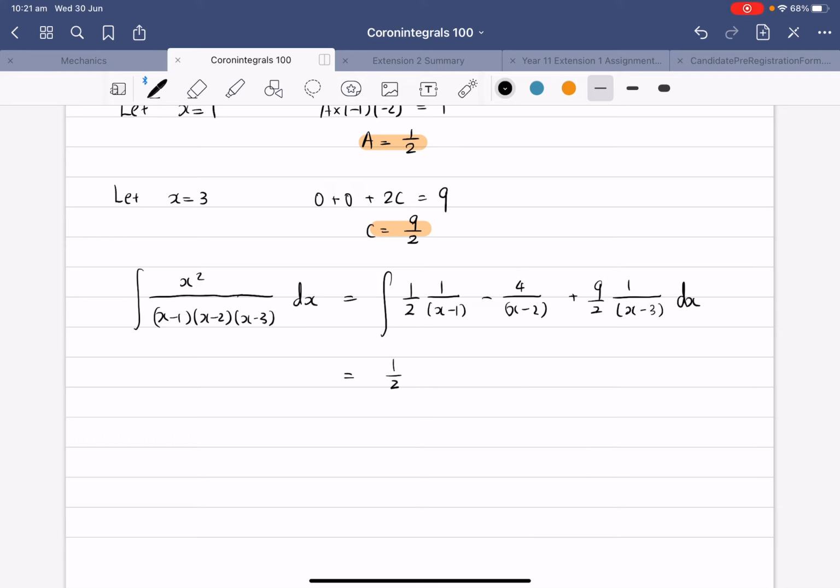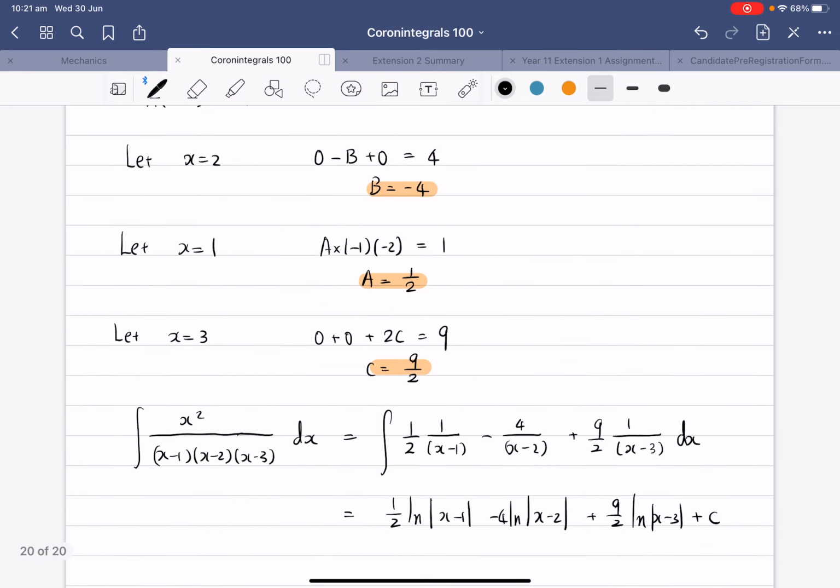That gives us a half ln absolute value of x minus 1, minus 4 ln absolute value of x minus 2, plus 9 over 2 ln absolute value of x minus 3, and obviously at the end plus c.